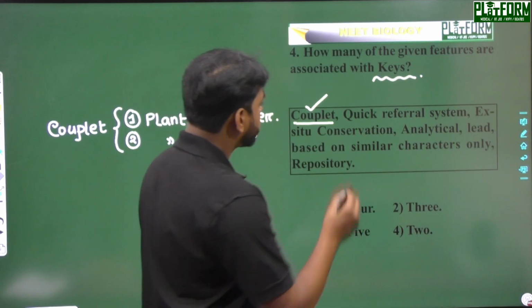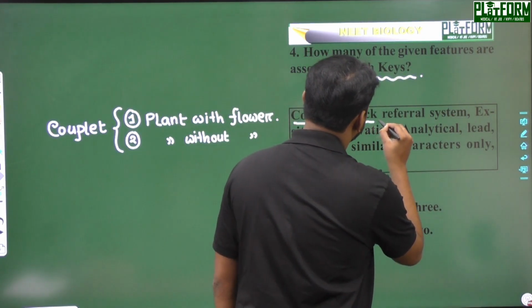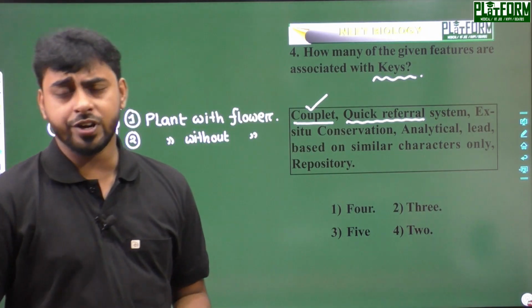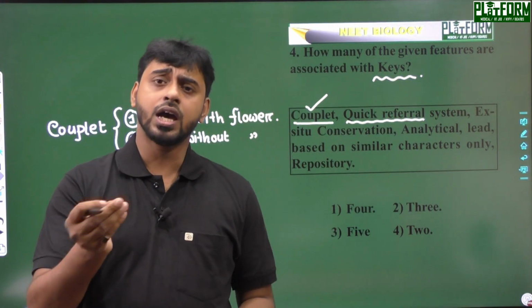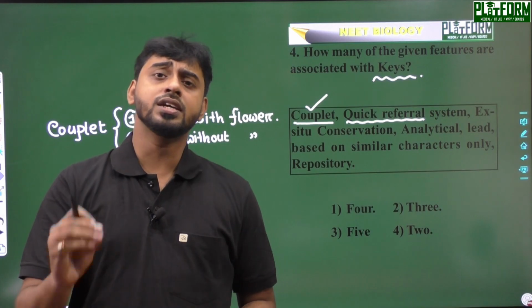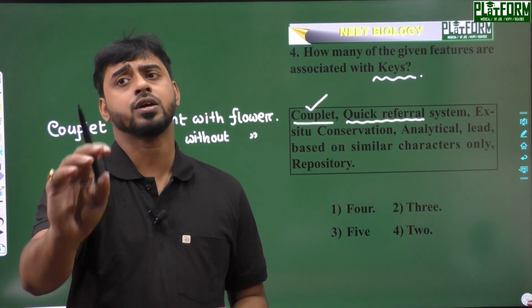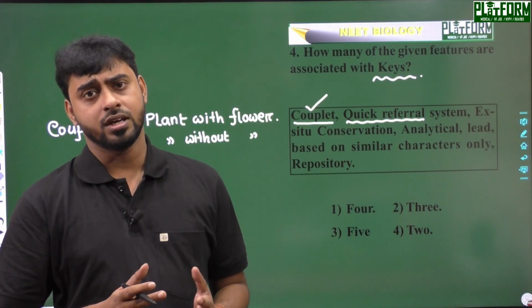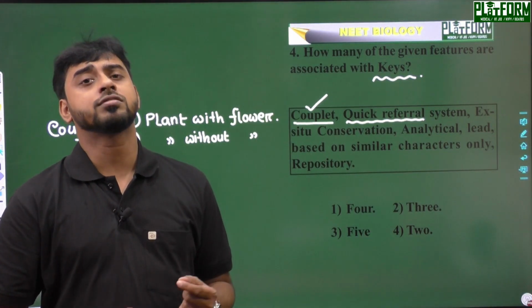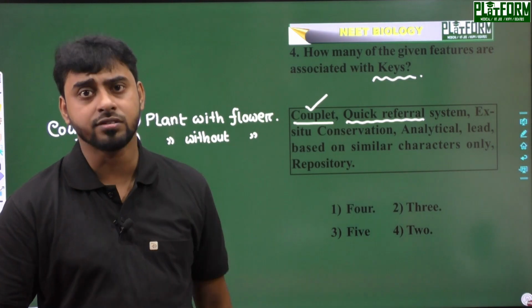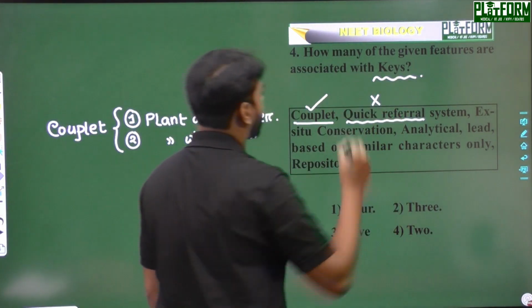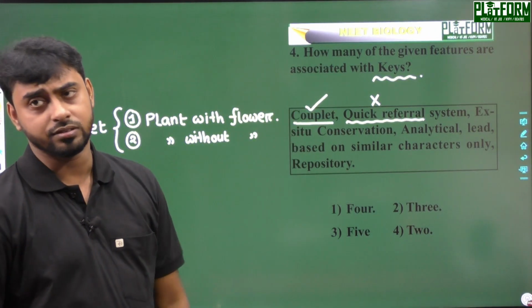The next one, that's the quick referral system. What do you mean by the quick referral system? That means with the help of this, you can easily identify a particular plant. Now, according to your NCERT, the herbarium is considered as a quick referral system. That means the quick referral system is not applicable for keys.